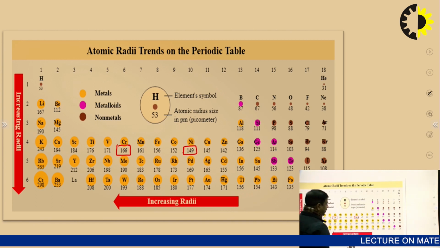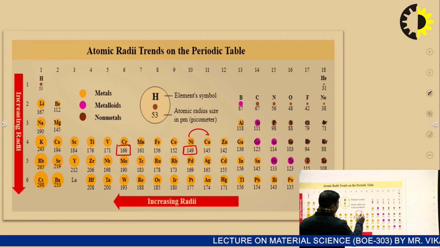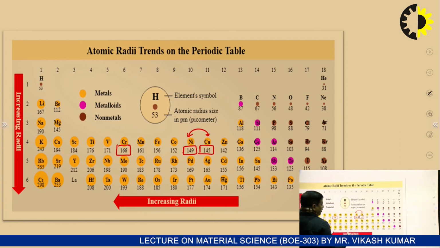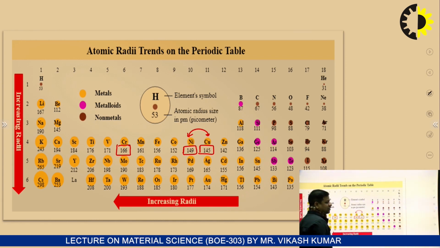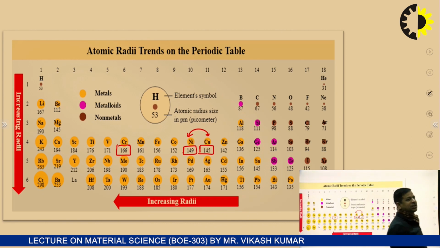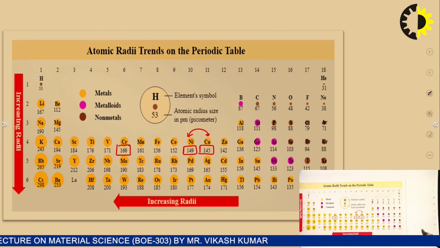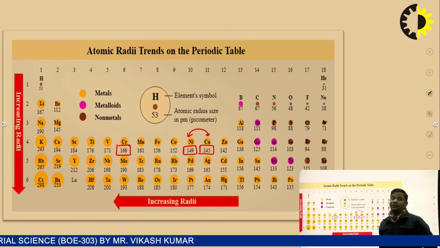Or just take the example of nickel with copper. Again, I am trying to mix these two elements and make a binary solution. You can easily see the radii are very, very close to each other. So there is a very, very high chance we are going to get proper substitutional solutions.